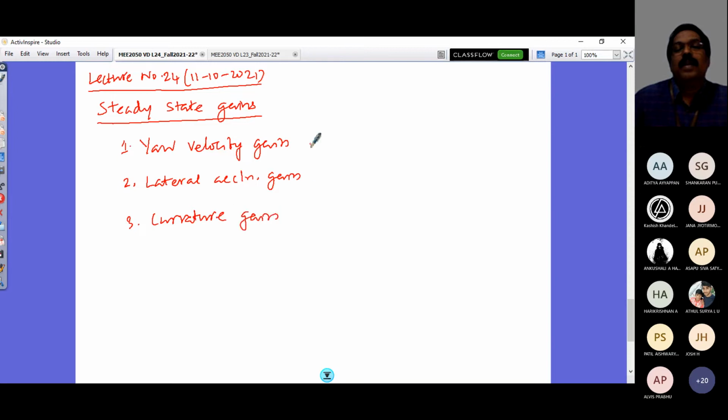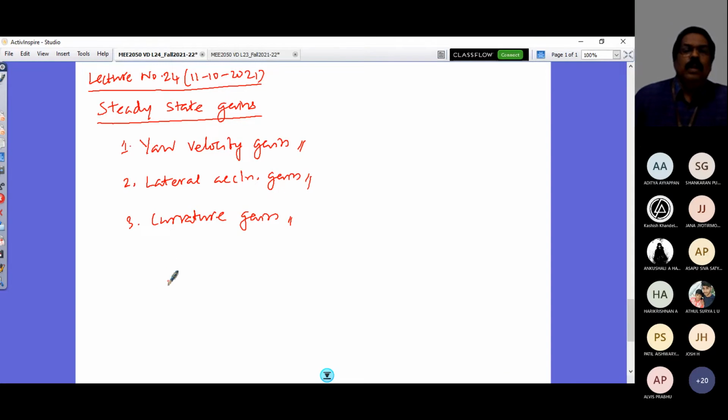How these steady state gains are obtained is our starting point of today's lecture. And then let us look at how these gains are going to vary as a function of vehicle speed, which is what we are going to discuss.